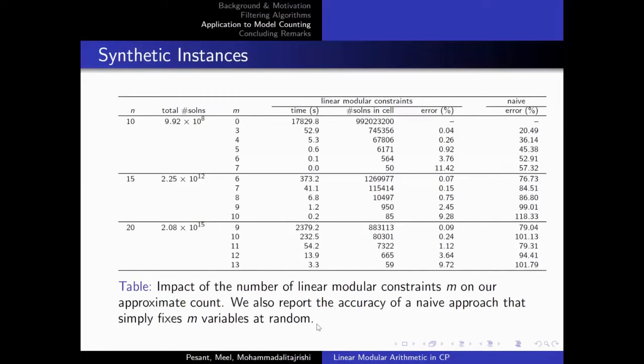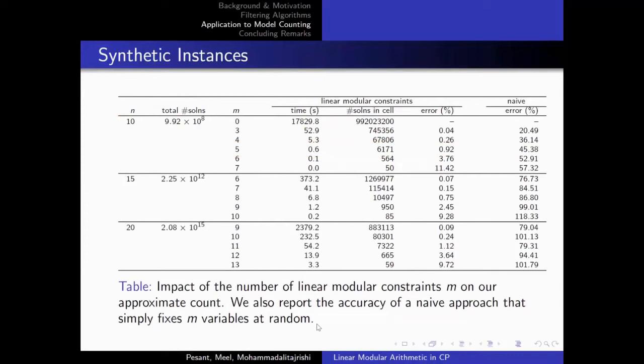So for n equal 10, in the second column we see that we've got the actual number of solutions, we enumerated them. It took 5 hours. If you compare to adding 5 constraints here, you see that you get under a second an approximation that's under 1%. So very good. And the same for the other two.